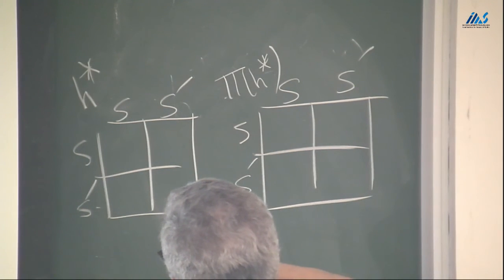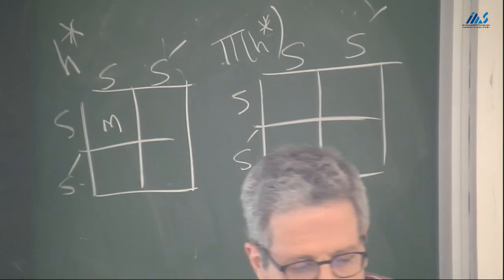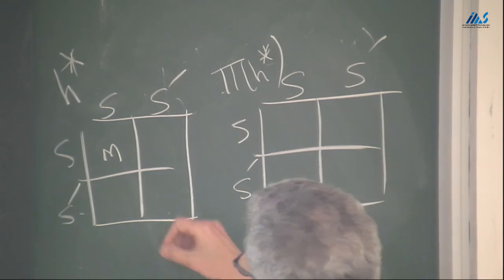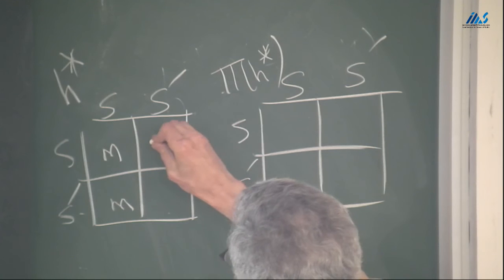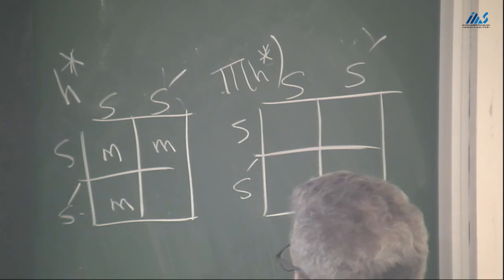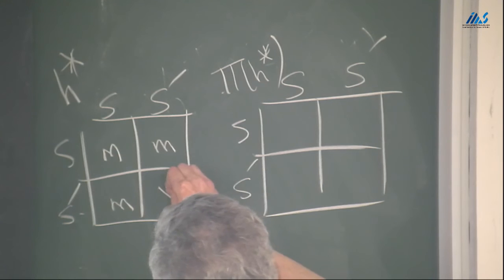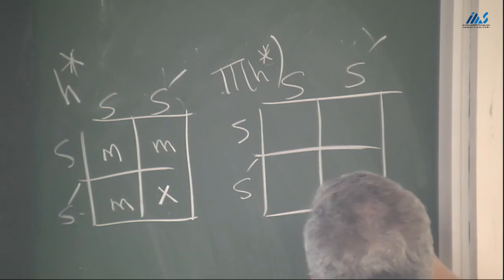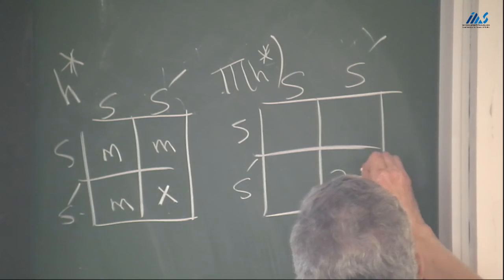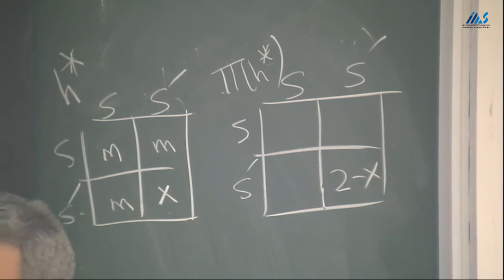So let me call that M for minimum. And S prime against S also gets M. And S against S prime also gets M. S prime against S prime gets some other payoff X, and over here I'll put 2 minus X, because remember we're looking at the prisoner's dilemma, and the strongly efficient payoff is 2.